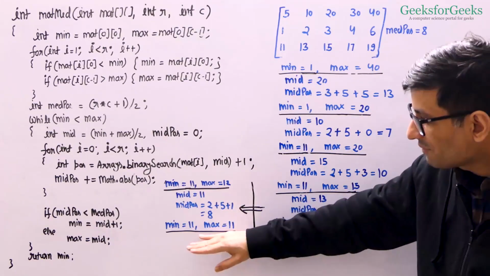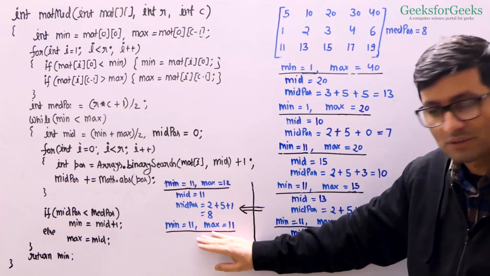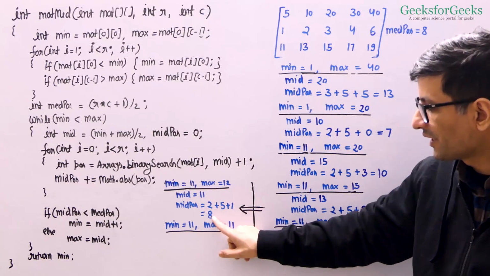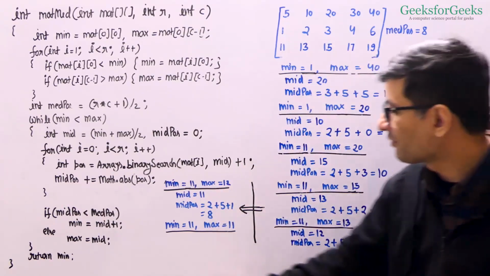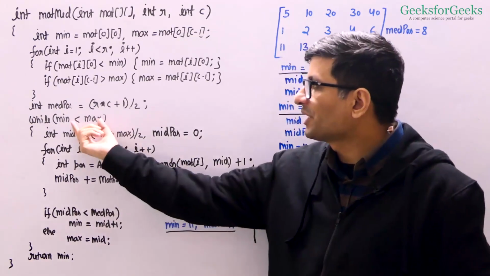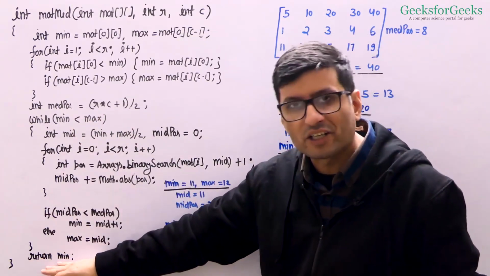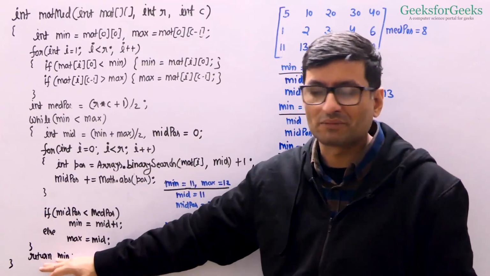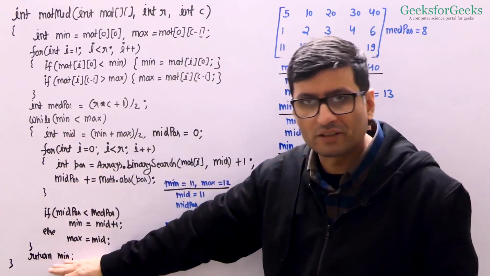So next time when you see min and max, they become same, right? Because this 8 is equal to this position, and we again update the max as 11, and min and max, when they become same, we come out of the loop. So you can return either min or max, they both are same, so we return min here.